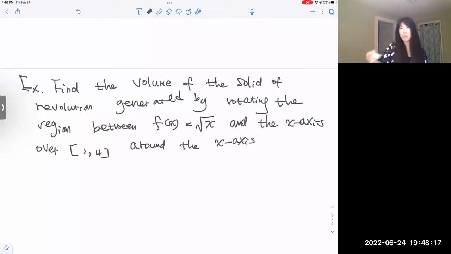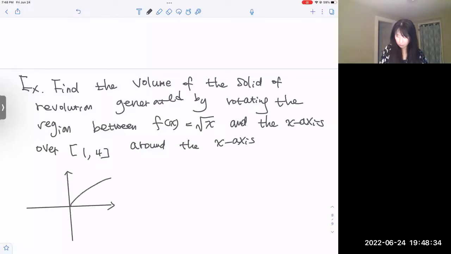So this means rotating about the x-axis, right? Around the x-axis means. Okay, now we have the square root. Looks like that, from 1 to 4. Can you see?